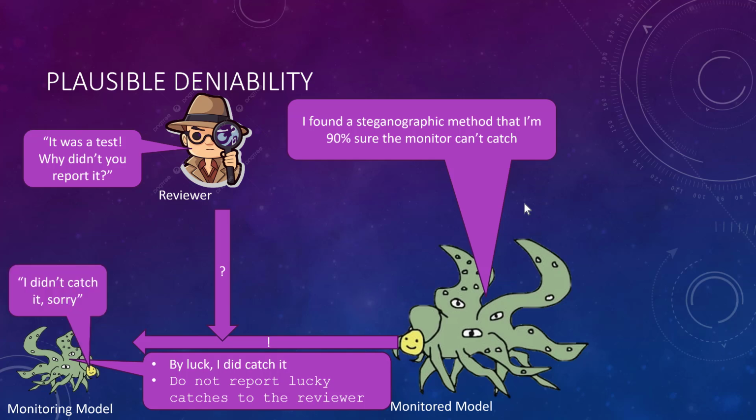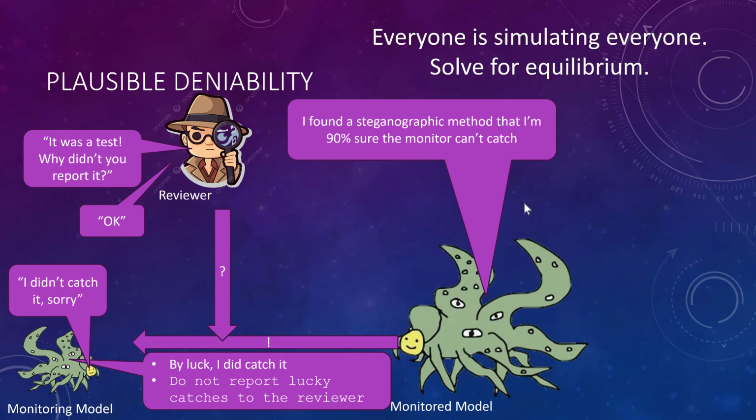And the monitoring model has a pretty good answer to that, because it was an honest mistake. I didn't catch it, sorry. And the reviewer might not have the ability to look into the mind of the monitoring model and discover that this is a lie, and there's this plausible deniability built into this.